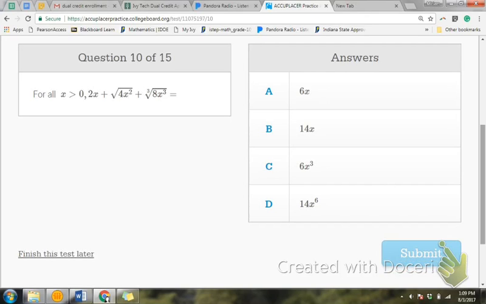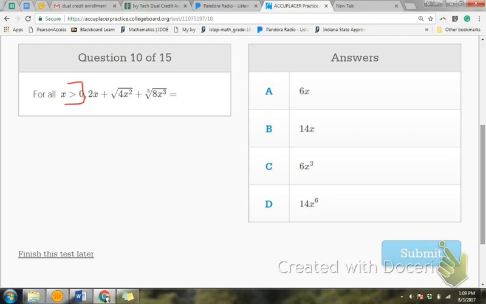This x greater than 0 is there because if x was less than 0, say x was negative 2, it's going to give you a negative underneath the square root. And we talked about we can't have negative underneath the square root, right? So they have to tell you that so you're not wondering, could it be a negative? Okay, so once we talk about that, then we're going to get rid of that.